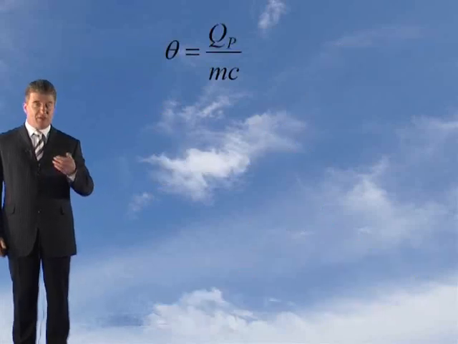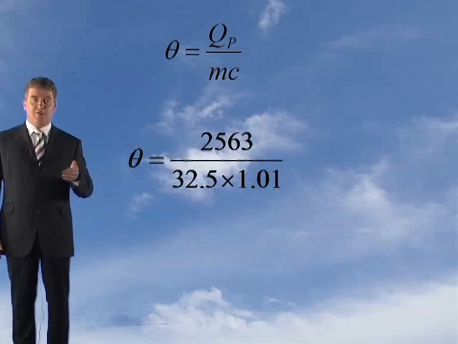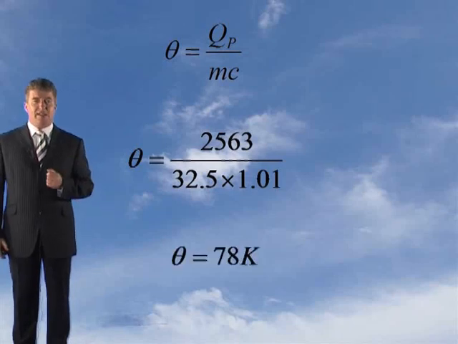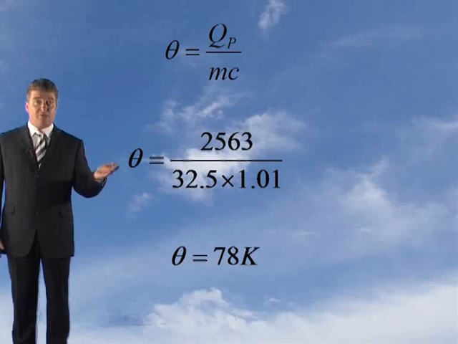Put these values in, we've got these values. Theta equals 2563 divided by 32.5 times 1.01. Your theta value, the increase in the average temperature of that smoke, is 78 degrees Kelvin. 78 degrees Kelvin, that's the temperature increase. This gives us the increase in average temperature.